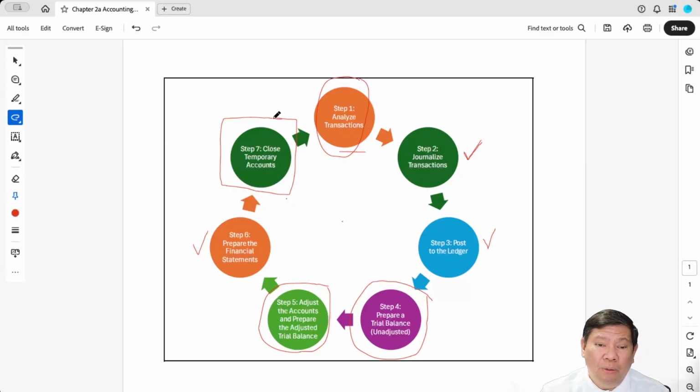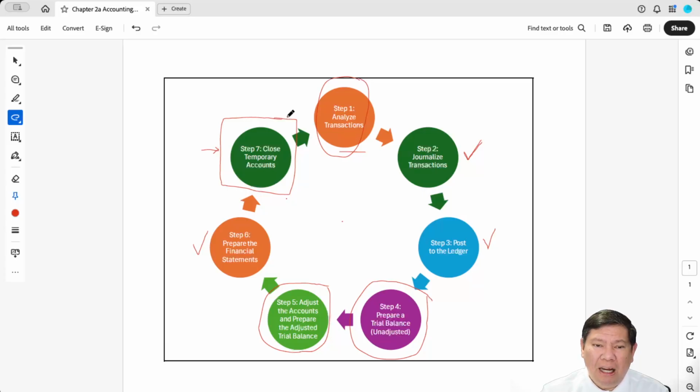So at the end of the current period, we are going to close all the temporary accounts that include revenues, expenses, and dividends to the retained earnings. So now we have a retained earnings to be used in the beginning balance sheet to start a new accounting period. Okay, so we're going to look at all these steps in detail in chapter 2 and chapter 3.